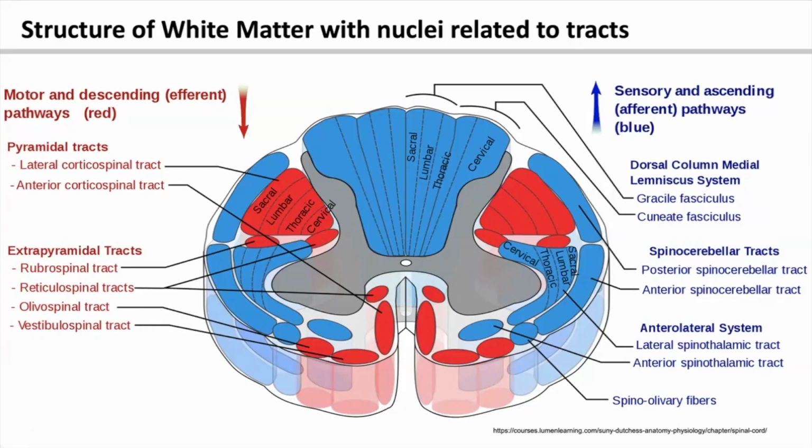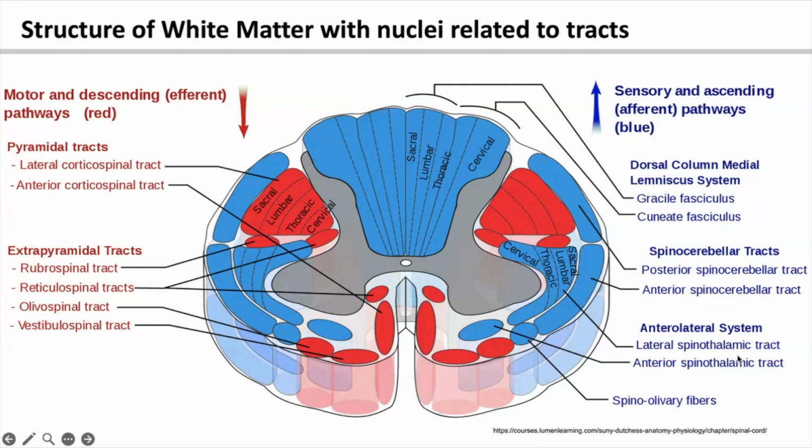So it crosses in the spinal cord at the anterior white commissure, 1 to 2 levels above the entry, and the final destination is the thalamus and then the somatosensory cortex.